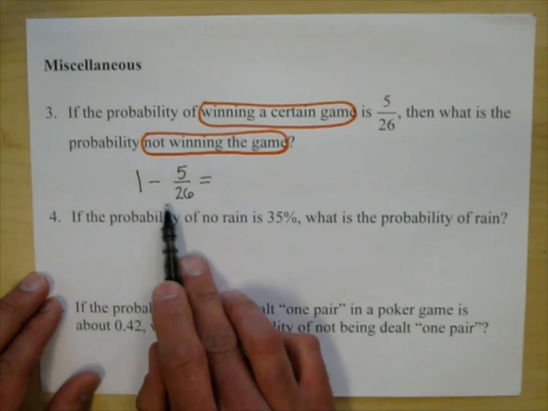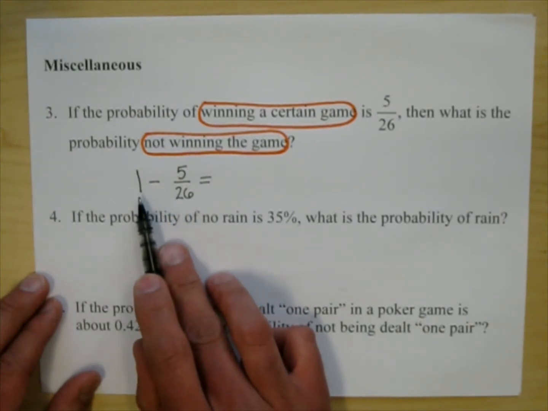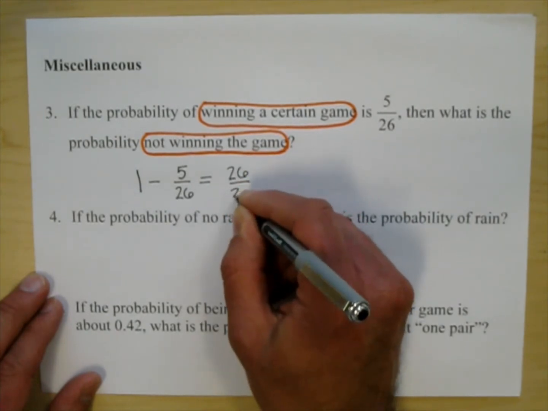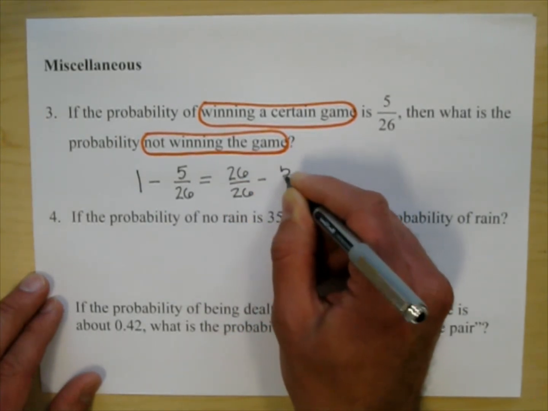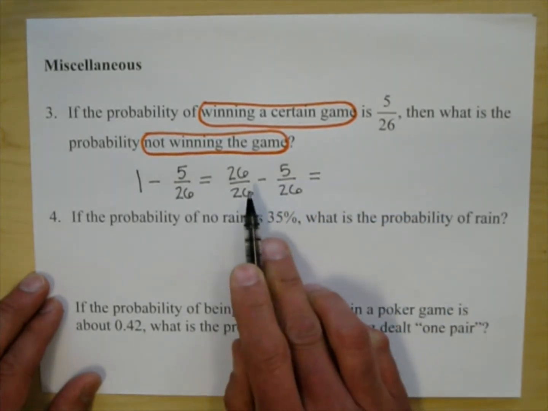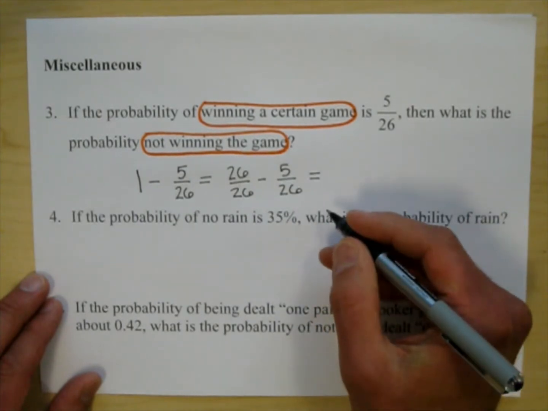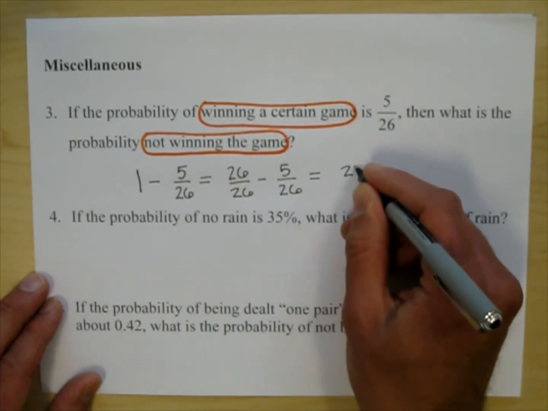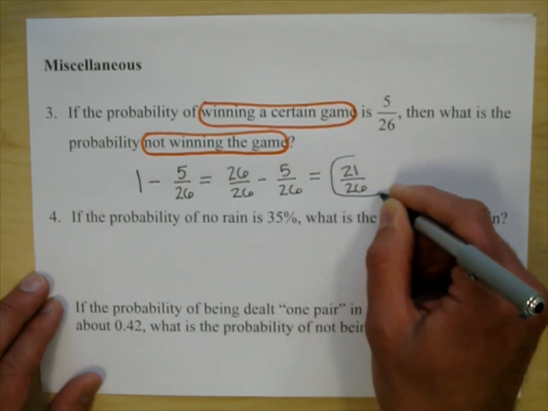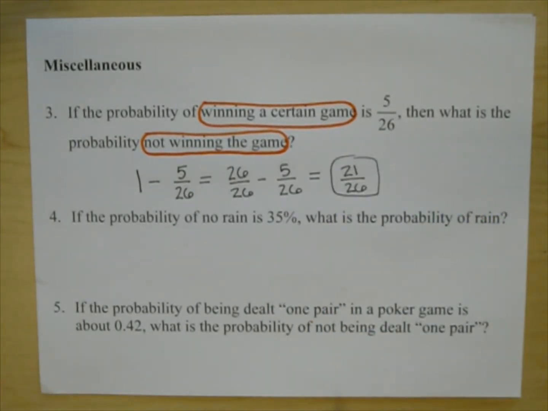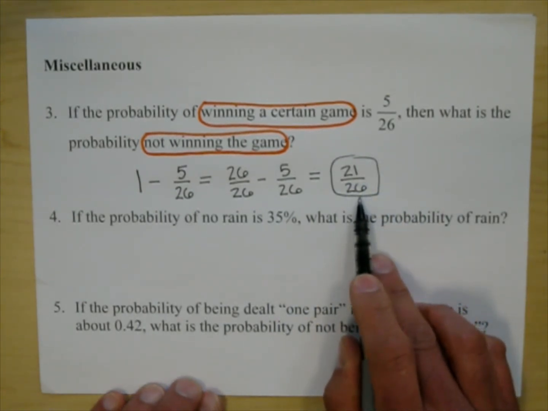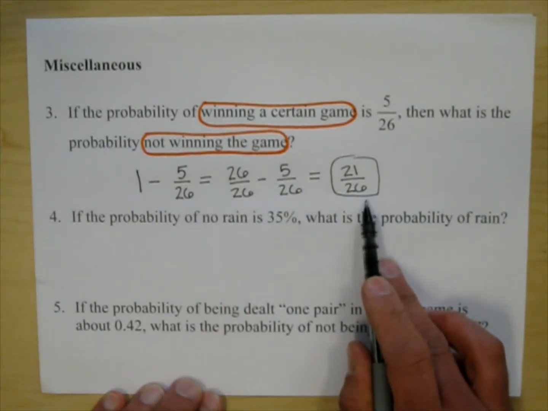What we want to do to compute this is to write 1 as 26 over 26 minus 5 over 26. Now I just have to go 26 minus 5. That gives me 21, divided by 26. So this is 21 over 26. That is the probability of not winning the game.